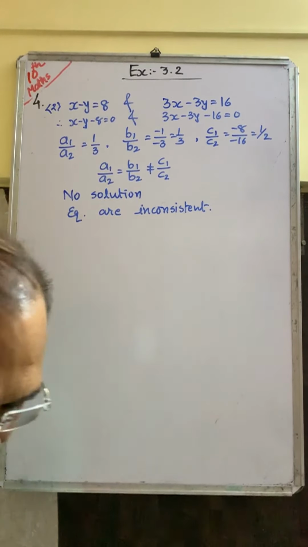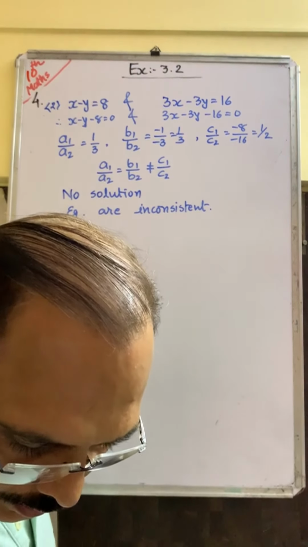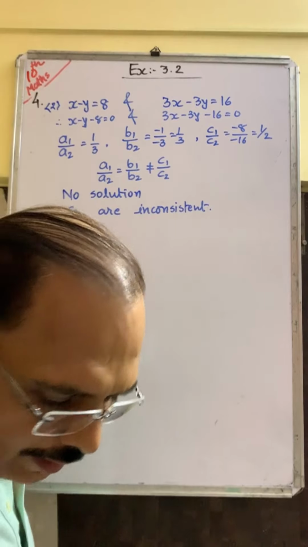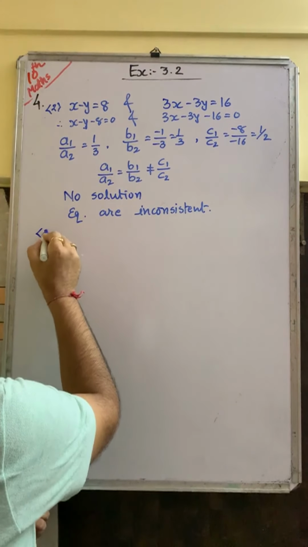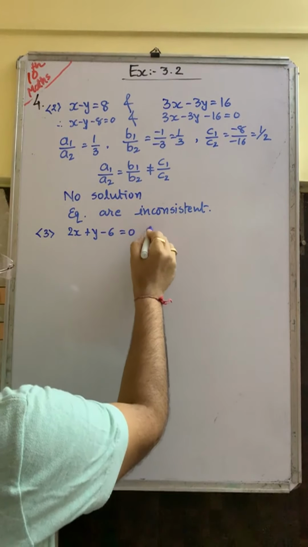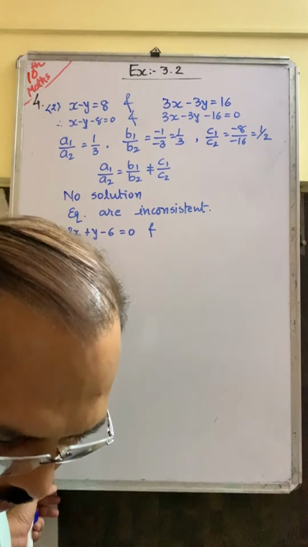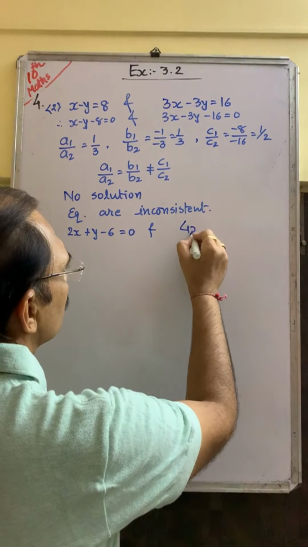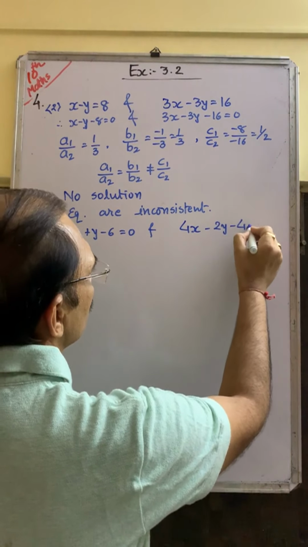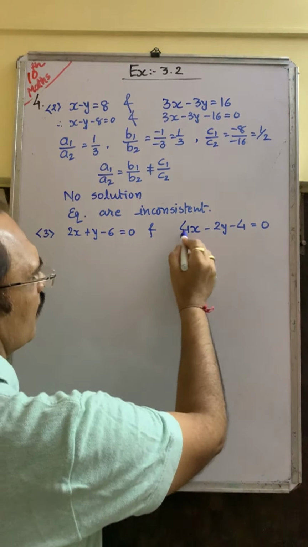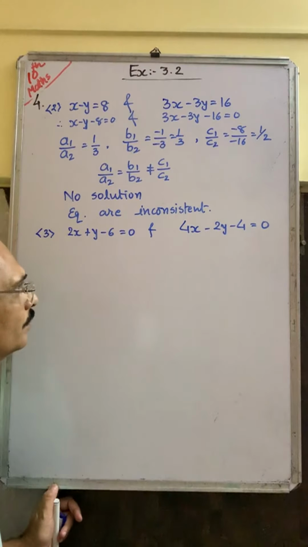Now third number, consider the equation 2x plus y minus 6 equals to 0. And second equation 4x minus 2y minus 4 equals to 0. See, here you can take 2 common.